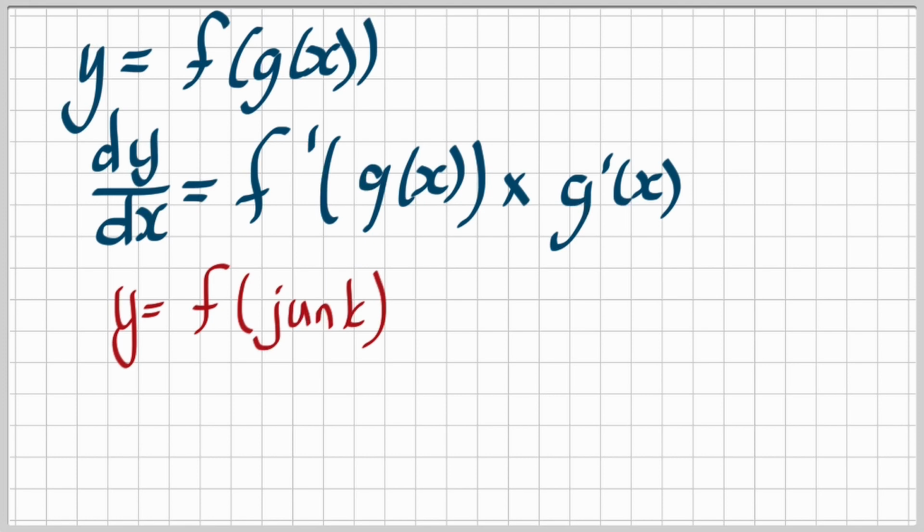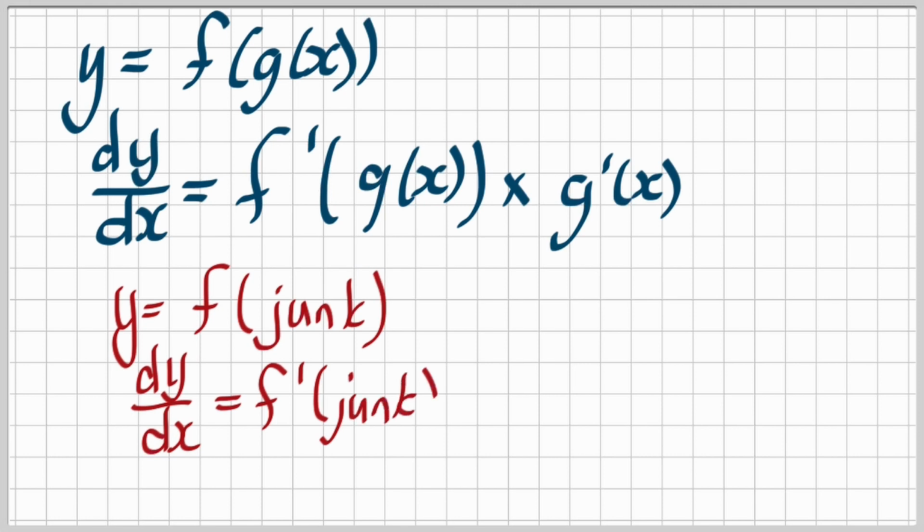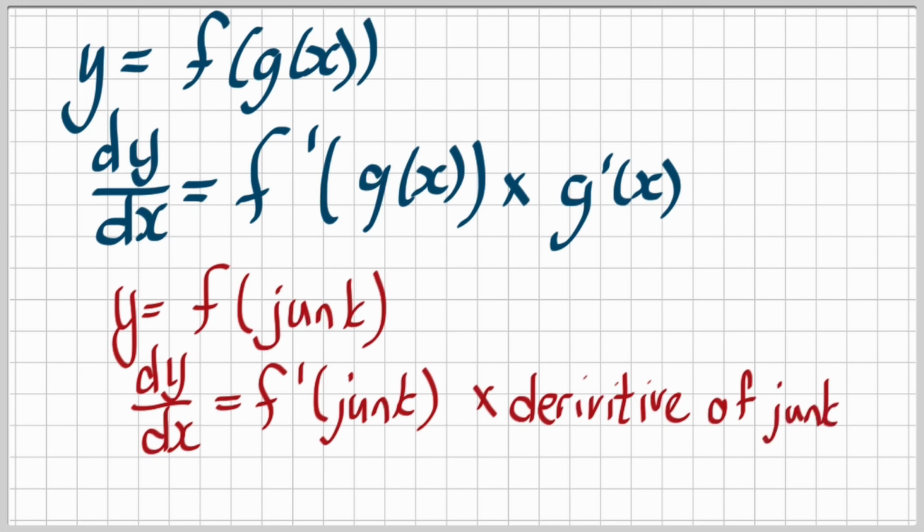If I look at deriving this as if it's dy over dx, basically I'm going to say take the derivative of f and substitute your junk into that derivative. And then multiply that by the derivative of the junk. That's exactly what we wrote with the f of x and the g of x there in the middle in the blue, but just put in another way.